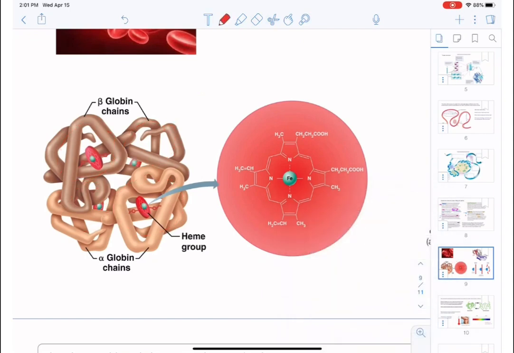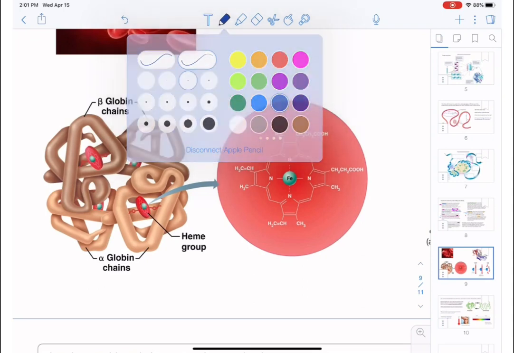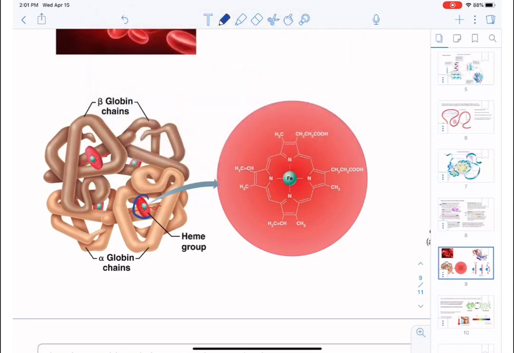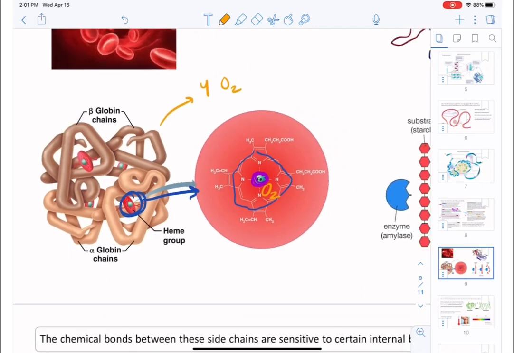And just to finish off talking about the structure here, each of these globin chains has a heme group associated with it, and that's what you're looking at here. This heme group is a carbon skeleton, and dead set in the middle of that carbon skeleton is a single iron molecule. And like I mentioned, it's that iron molecule that's going to attach an O2 molecule onto it. So each hemoglobin molecule in total can carry 4 O2 molecules.